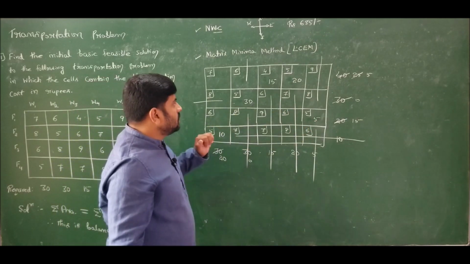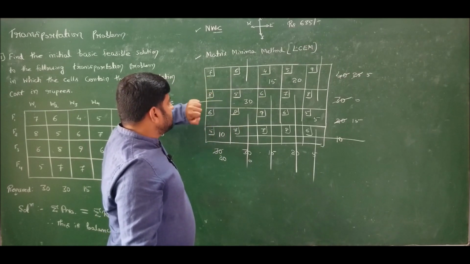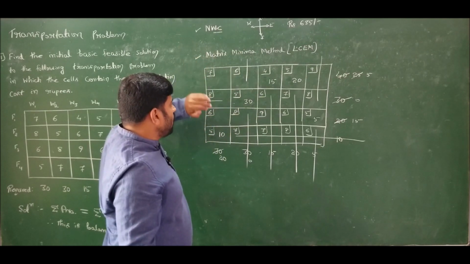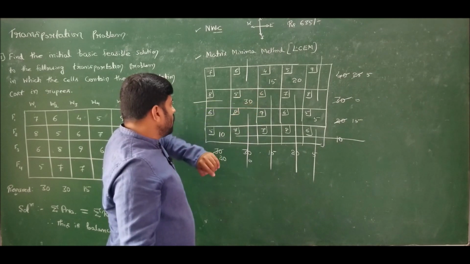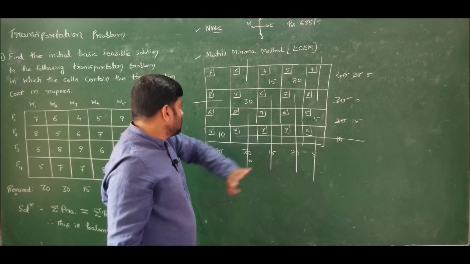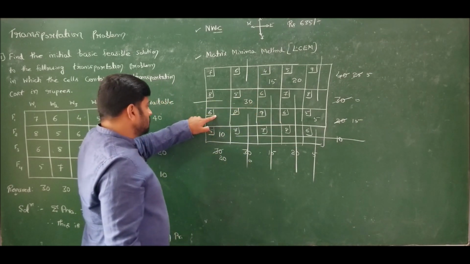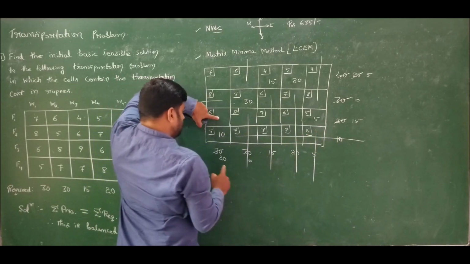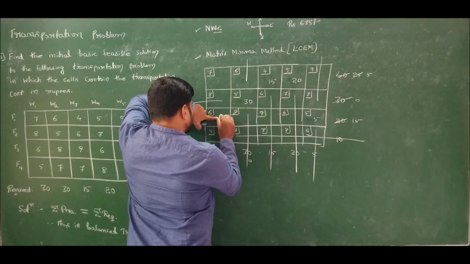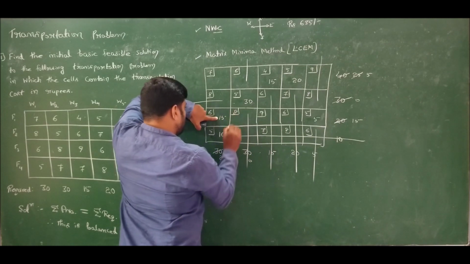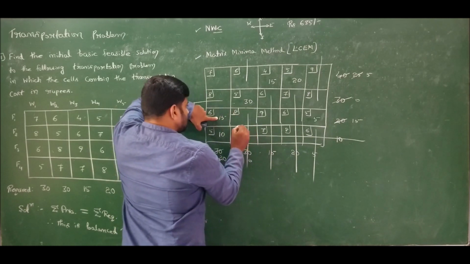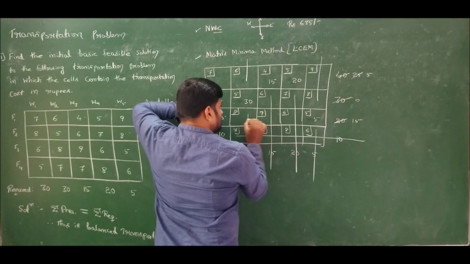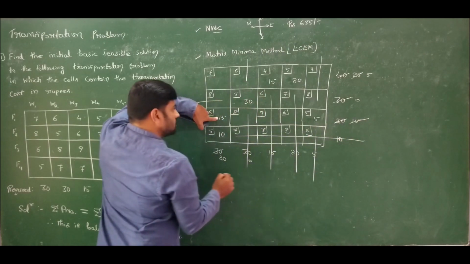Now next least cost is 6. No allocation is possible. Over. Here also over. Here also over. Only possible is here. So minimum of 20 and 15. Minimum of 20 and 15 is 15, right? So no allocation is possible further. 15 is gone.